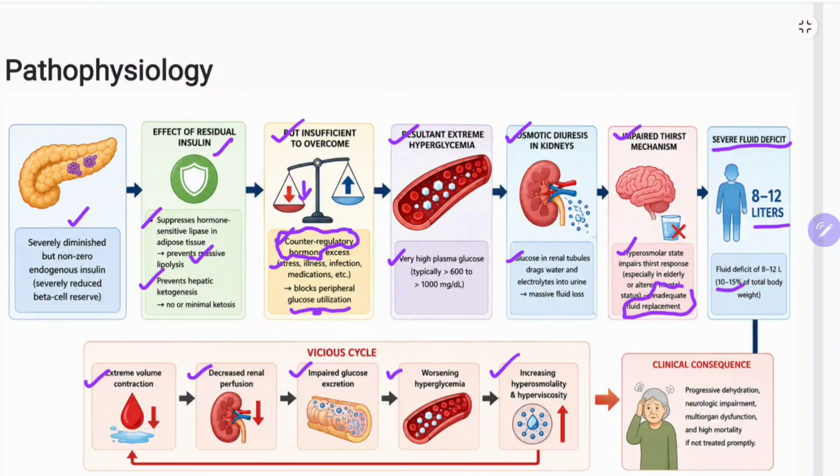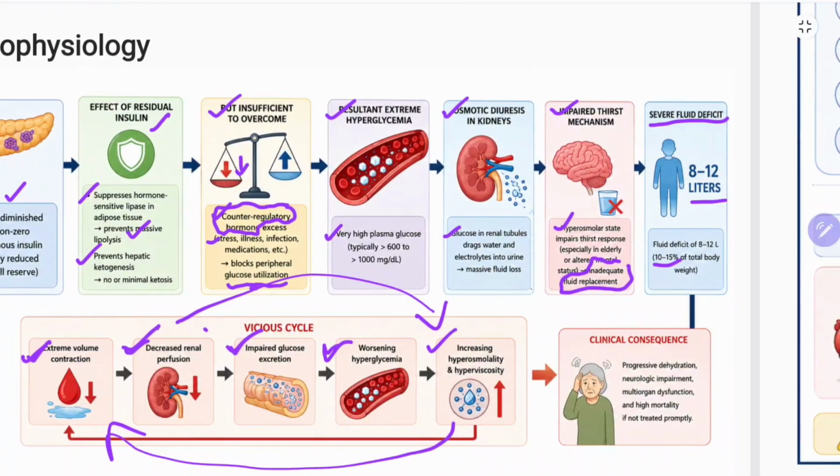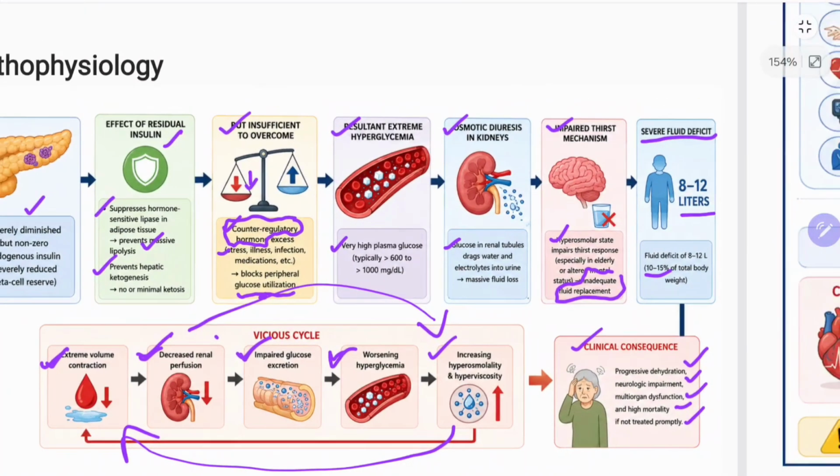Again, this increased hyperosmolality and hyperviscosity will cause volume contraction and decreased renal perfusion, then impaired glucose excretion, worsening hyperglycemia. So this will result in a vicious cycle. Clinical consequences: progressive dehydration, neurological impairment, multi-organ dysfunction, and high mortality if not treated promptly. So that's about the pathophysiology.